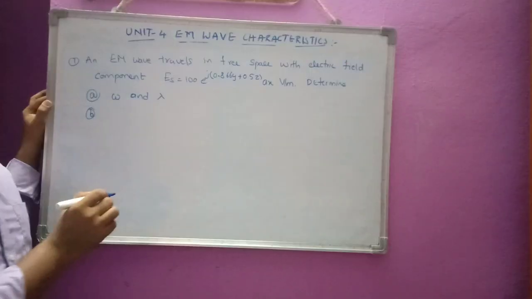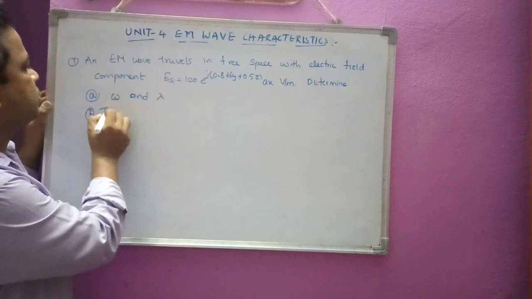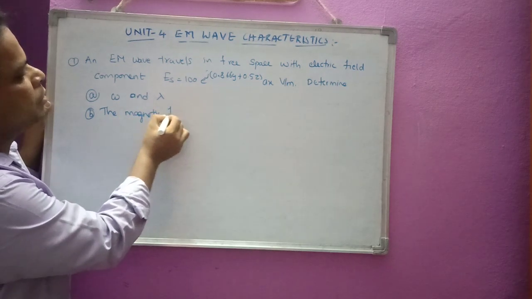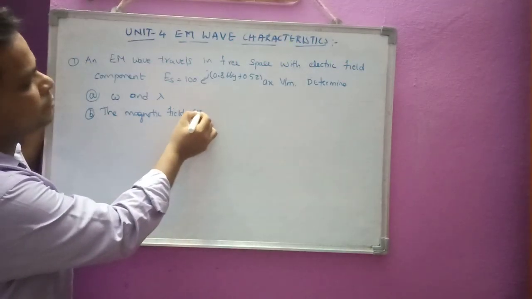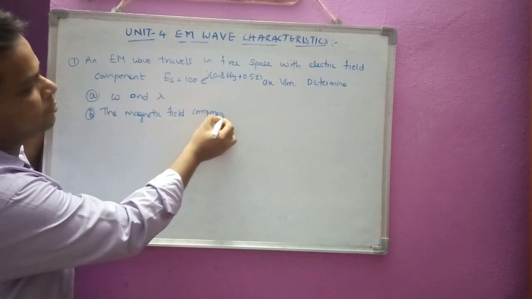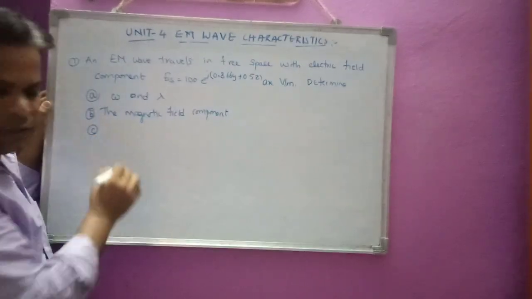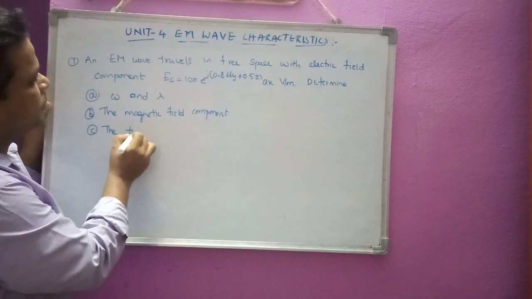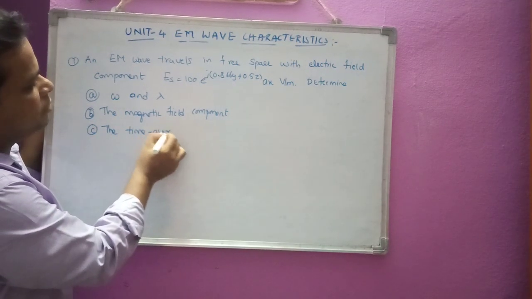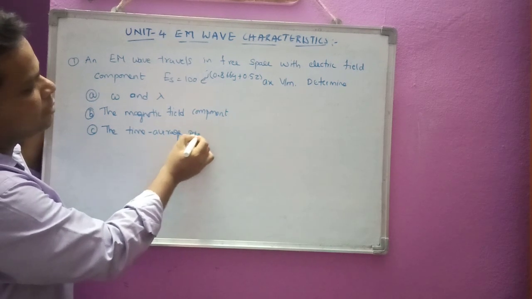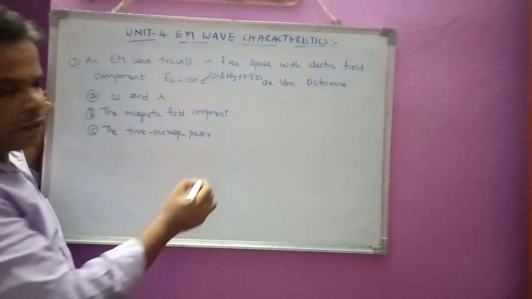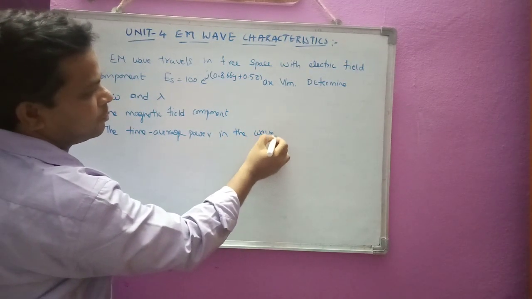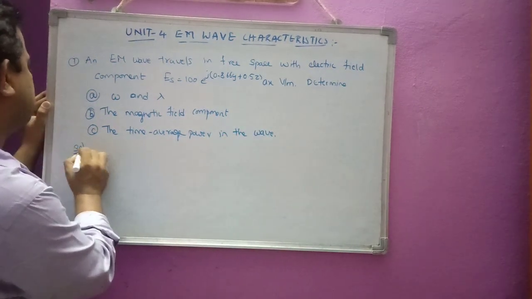Then B is the magnetic field component, and finally he is asking the time average power in the wave. So now let us do the solution here.